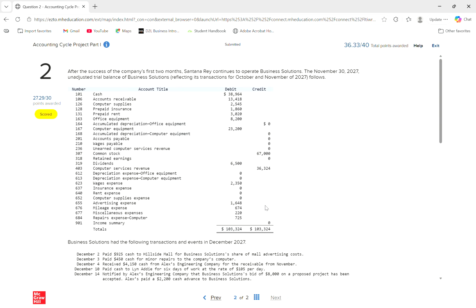In conclusion, problem number 1 covered recording and posting October and November transactions, and problem number 2 completed the accounting cycle through adjusting entries, financial statements, closing entries, and the post-closing trial balance. By identifying and correcting errors along the way, I ensured accurate financial reporting and a properly balanced accounting system. Thank you.